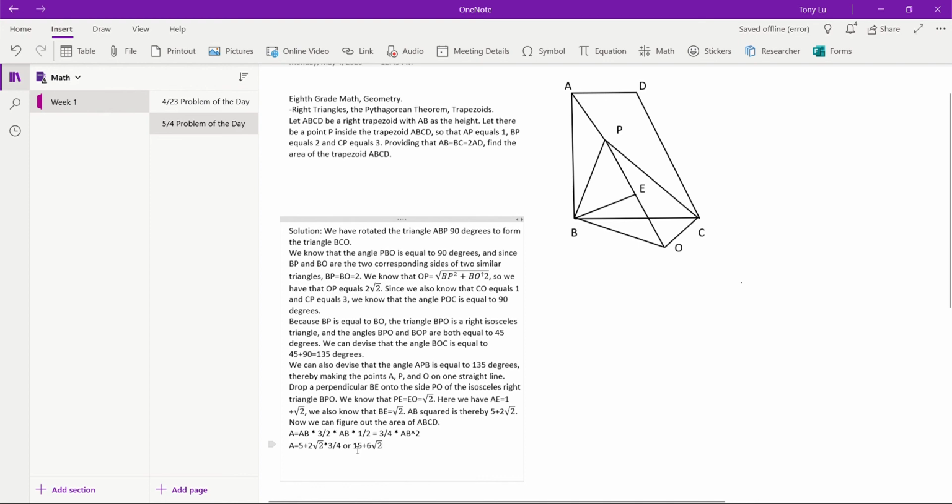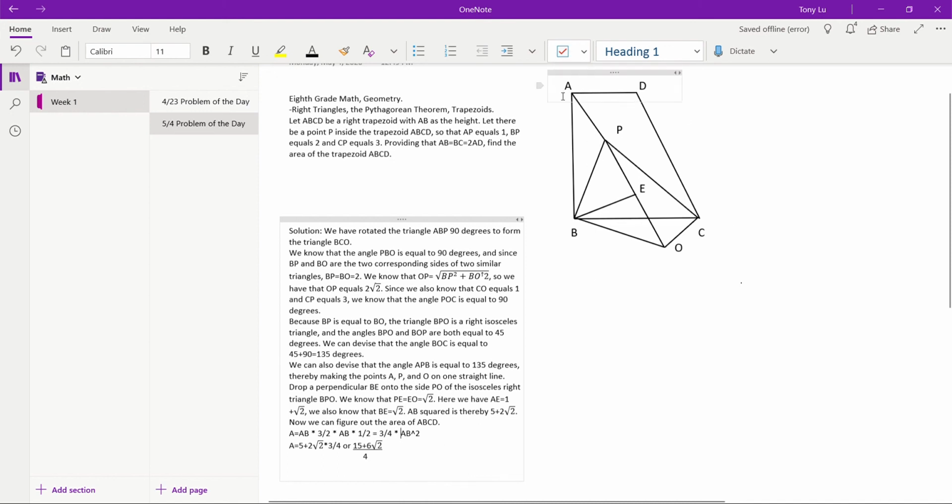I might underline this text because I'm not very good with OneNote and all the equations. So yeah, this will look like the answer you can get if you wrote it out on paper. So now we have the area of the trapezoid ABCD, which is what we wanted to figure out.